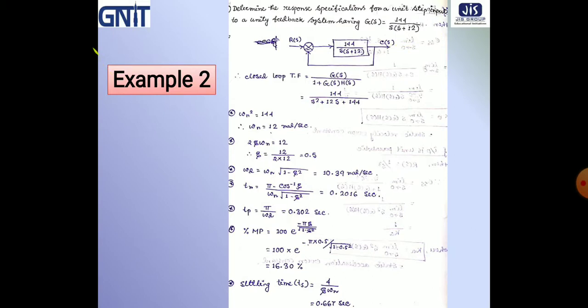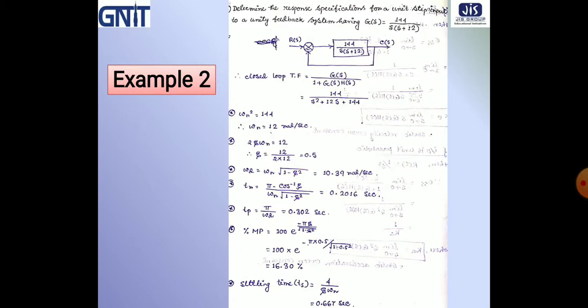The closed loop transfer function with unity feedback is G(s) by 1 plus G(s)H(s), where G(s) is 144 divided by s(s plus 12) and H(s) is 1. So the closed loop transfer function becomes 144 divided by s square plus 12s plus 144.